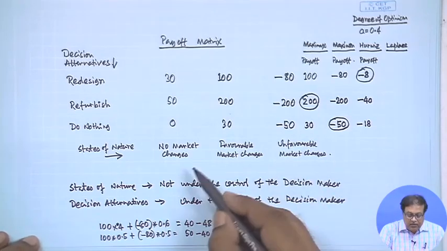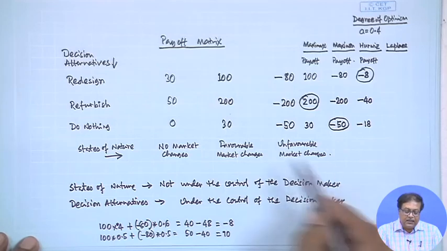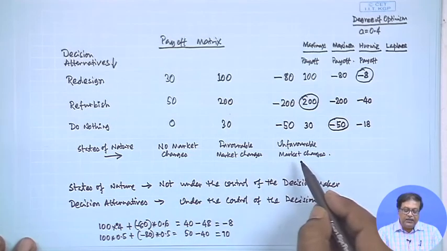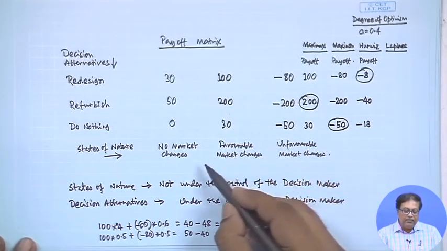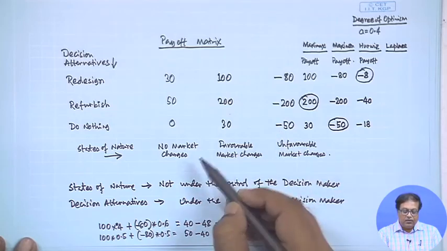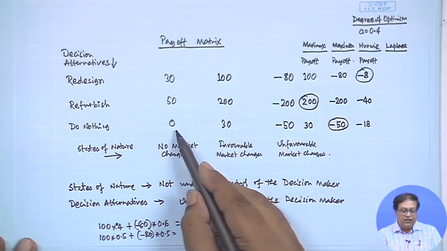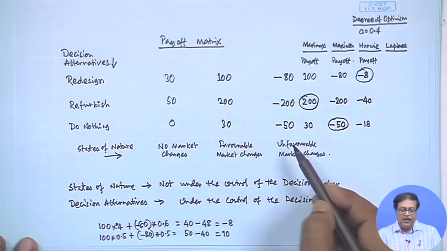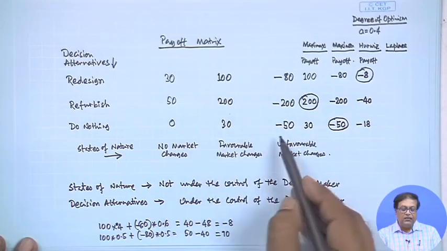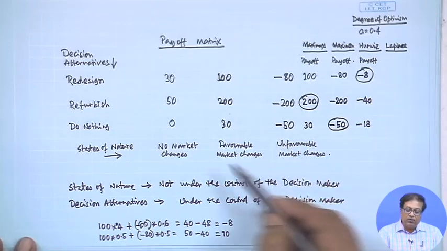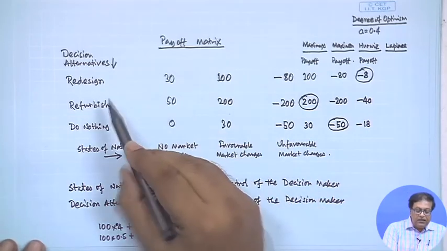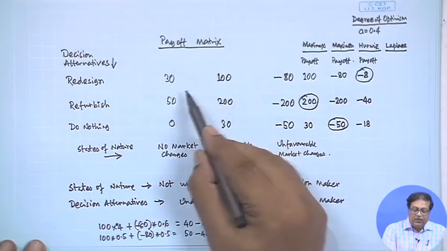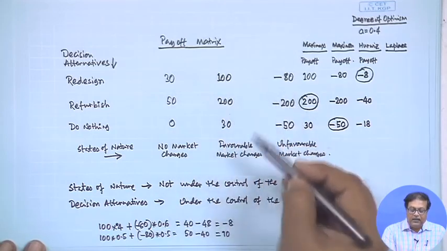But then we need not really write those probabilities, because if they are equal, then if we multiply by the same probability, it virtually becomes taking an average of the three numbers. So what would be the Laplace payoff if the person goes for redesign? It will be the average of 30, 100 and minus 80.